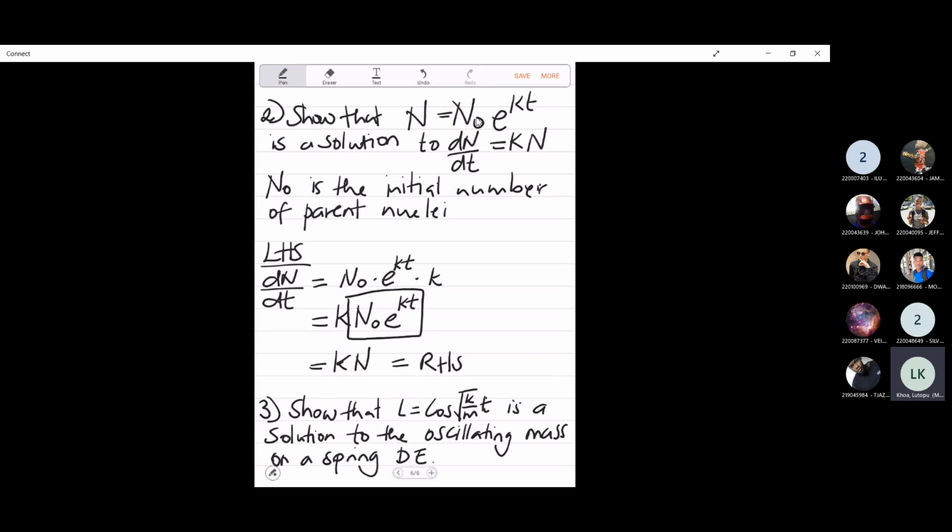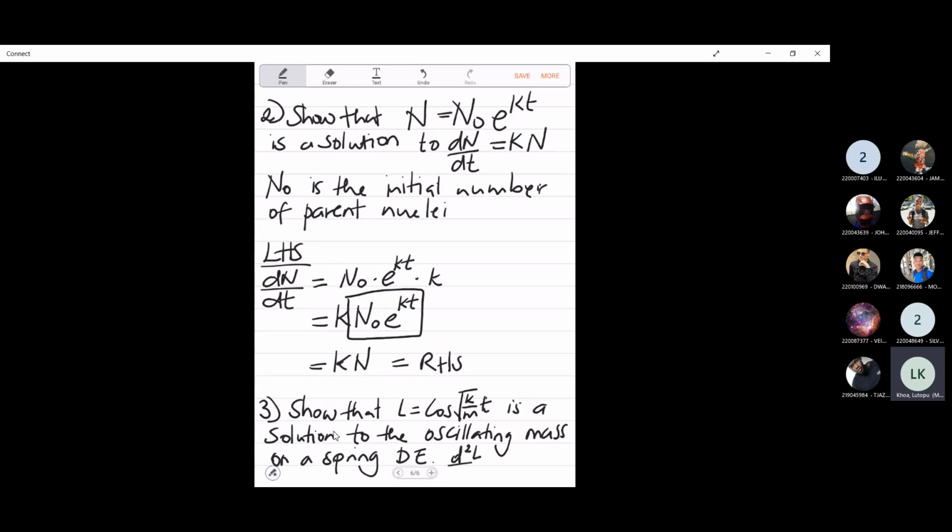I think in mechanics you deal with oscillating springs. I've never had to deal with oscillating springs and things like that, but even if you don't know what oscillating springs are, all you have to do is look at the mathematics of it.